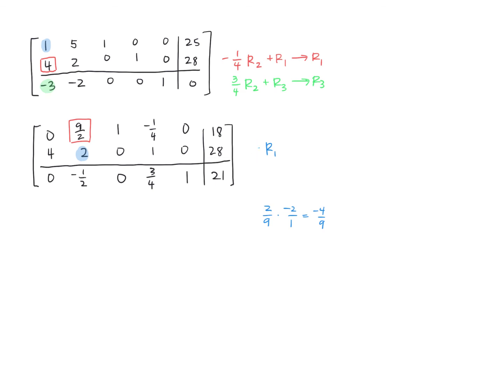So I want to do -4/9 times row 1 plus row 2, and that's going to become my new row 2. Okay, so let's see. My first row is not going to change, so I'm going to rewrite that.